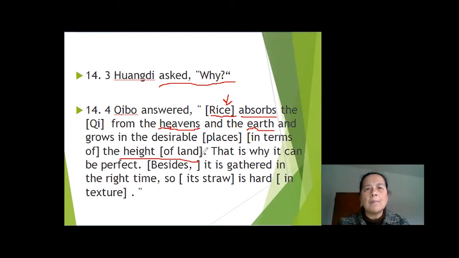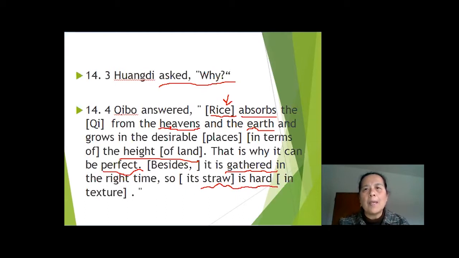That means getting more qi, and then it can be perfect. Perfect means totally absorbing heaven qi and earth qi. And when it matures, we pick it at the right time. And in this way, the stem is harder already.